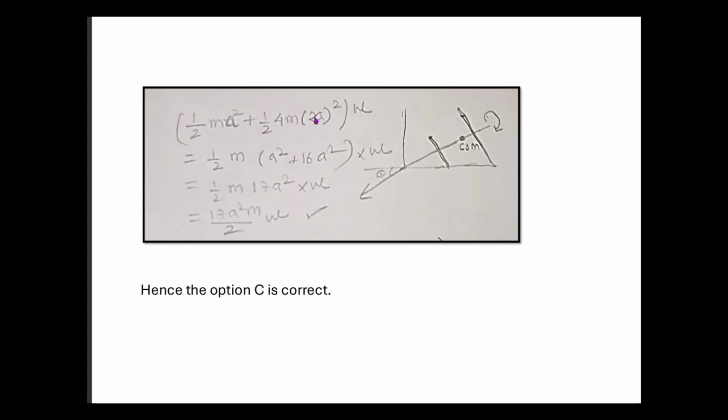This entire moment of inertia will be multiplied by the angular speed omega to get the angular momentum about the center of mass. When you solve this, you will get 17 a square m upon 2 into omega.